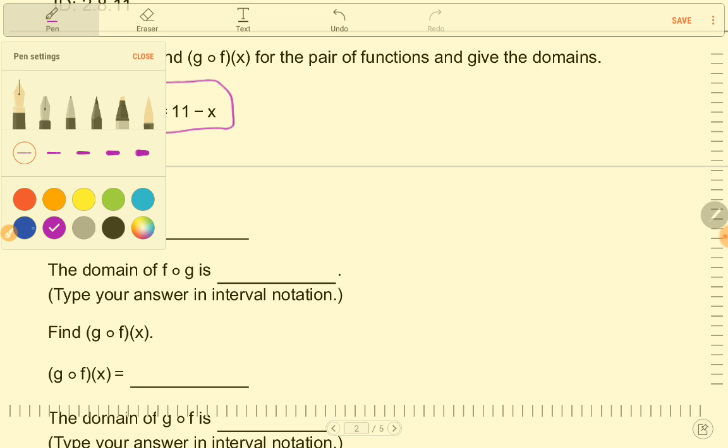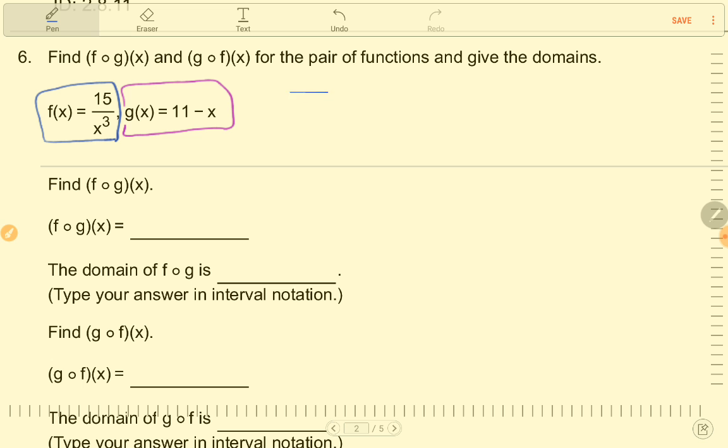All right, so f of g of x is equal to this. And there's no need to simplify that any further. Right, so we've got the answer to the first part here.